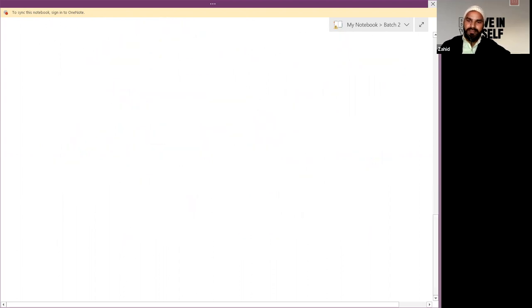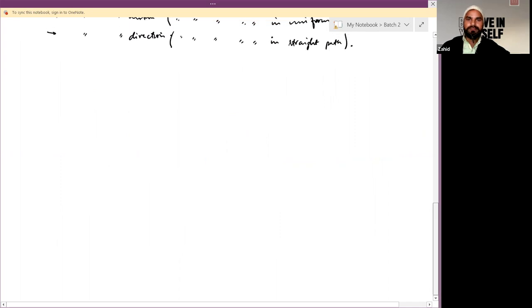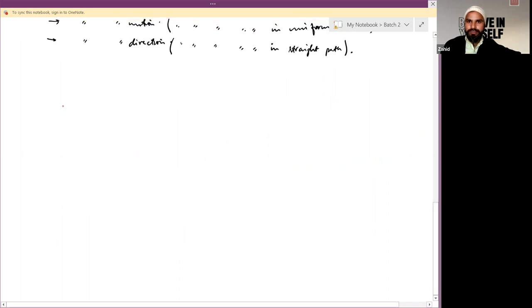So we may define inertia in some other sense as the ability of a body which opposes external force so as to continue their own state is termed as inertia.